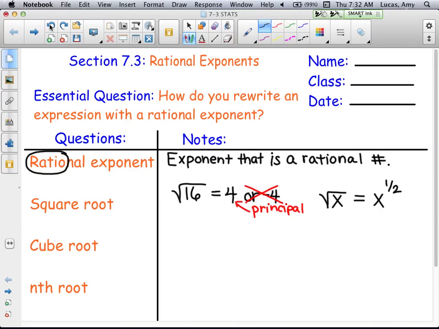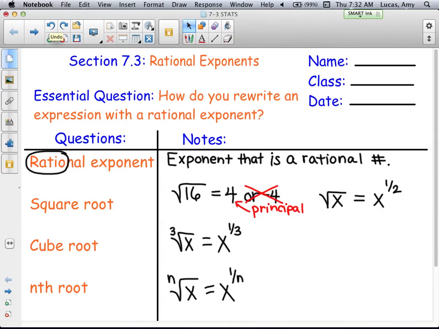The next one is a cube root. A cube root, in the same manner, the cube root of x, so I'm going to put a little 3 here for the cube root. The cube root of x equals x to the 1/3 power, and the nth root, where n can be any number that is greater than 0, the nth root of x equals x to the power of 1 over n.